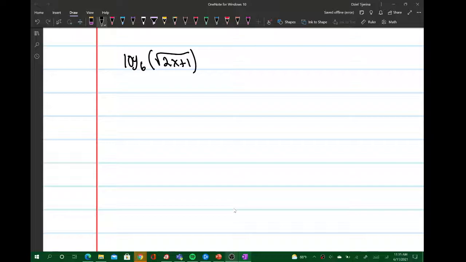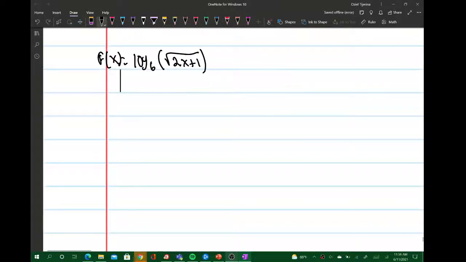Now, like I said, you can expand this, okay? You don't have to. So f of x is equal to log base 6 of the square root of 2x plus 1. You can expand it, you don't have to do it like this.